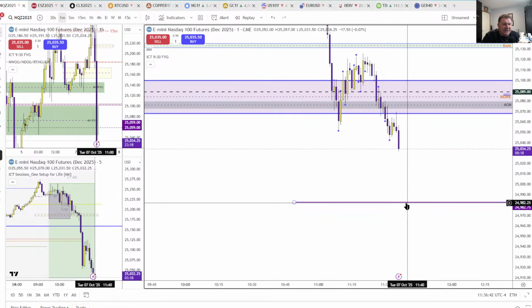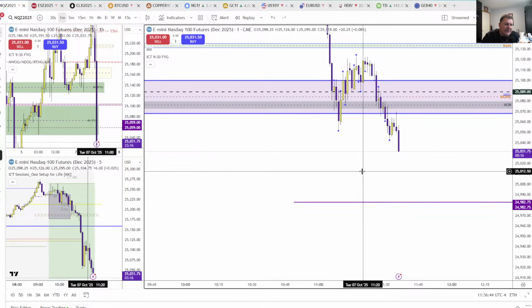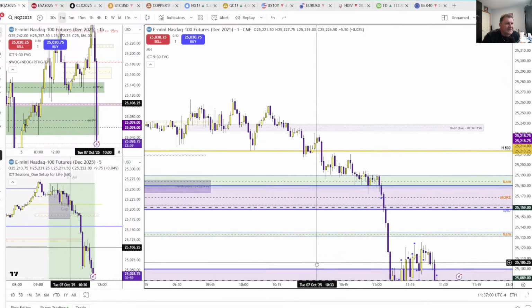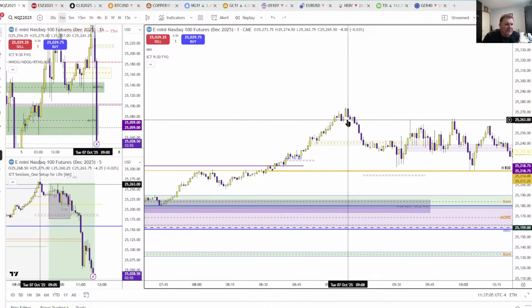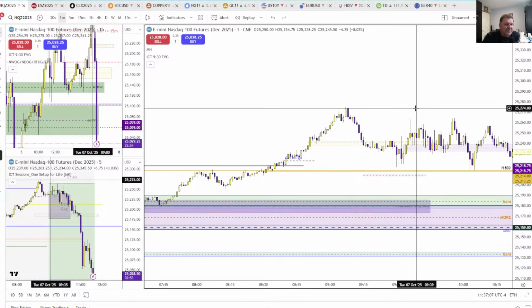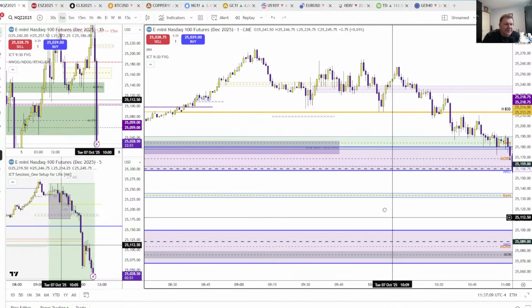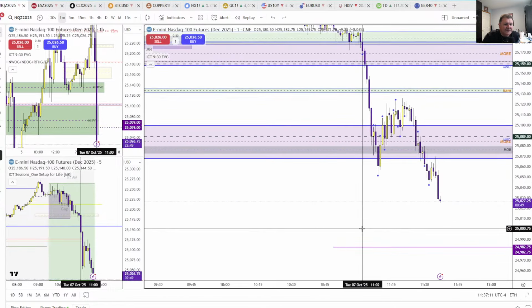I just want to see it hit the 982, and then I'm out of here. You see what that would have been this morning off this level? 982. That would have been 280 handles.